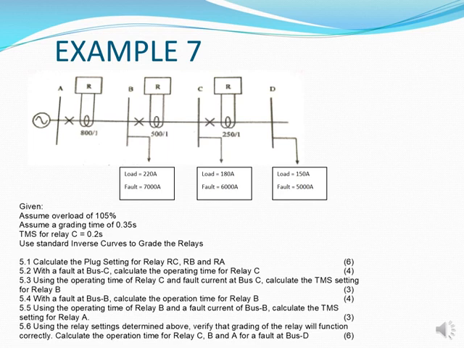And then it says from relay B, so it does it for you in a step-by-step process, but in a test or an exam scenario, you wouldn't be given these steps to go by. They will give you the system as is, give you this given information up to the point where they say utilize your standard inverse curves, and then they would say calculate the settings for this system.